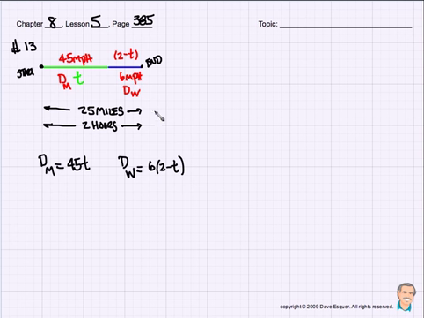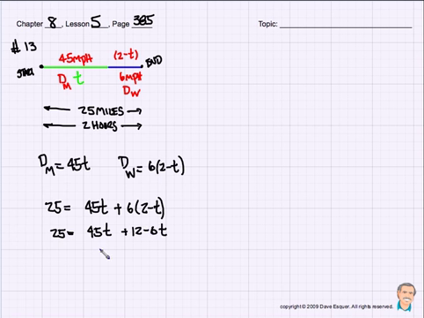That distance, we don't know what it is, but it was 6 miles per hour times the time, which was 2 minus t. And both of those added up are going to be the total distance of 25 miles. So 25 turns out to be equal to 45t plus 6 times (2 minus t), or 25 equals 45t plus 12 minus 6t.